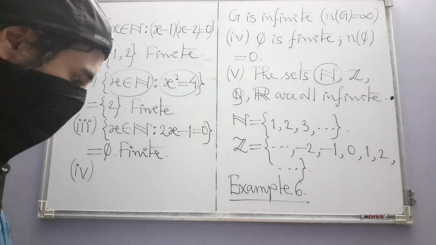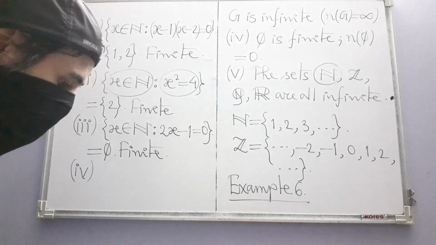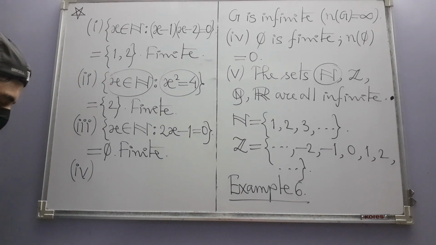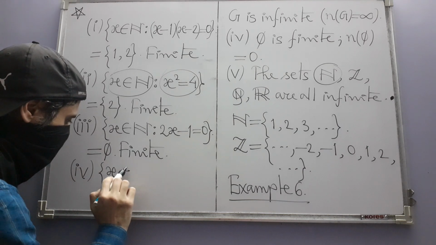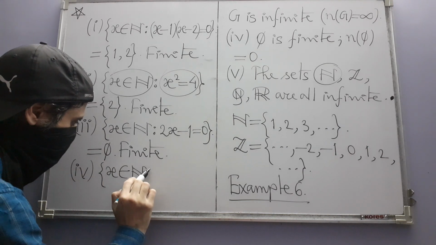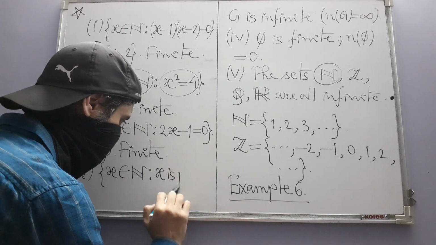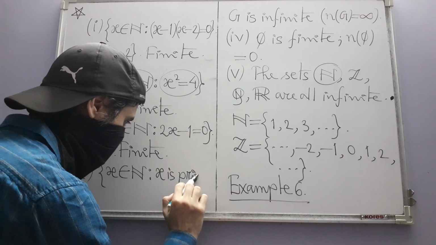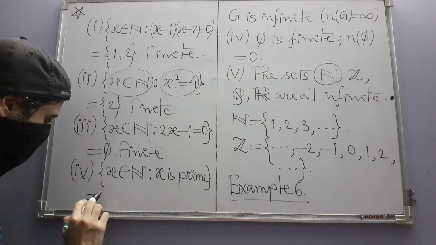Then number 4. The fourth one is the set of all natural numbers x such that x is prime. Yeah, this set is not finite.